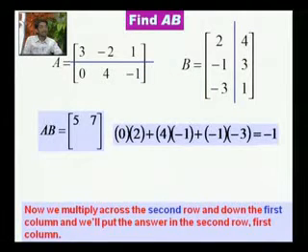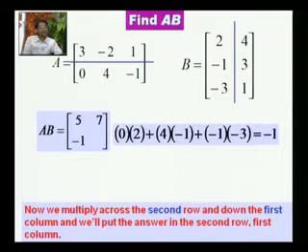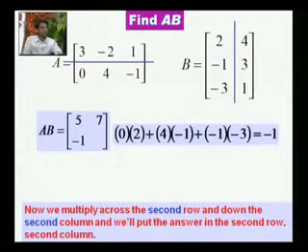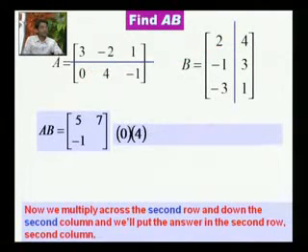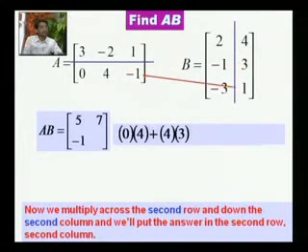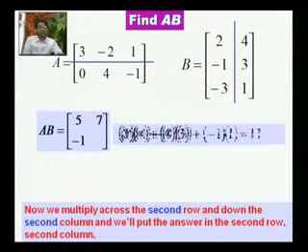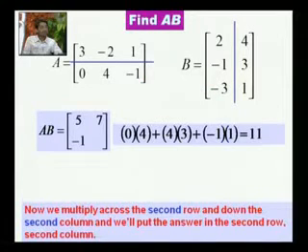So we get minus 1. So the first element of the second row is minus 1. In the same way, if we multiply 0 with 4, then 4 with 3, then minus 1 with 1, we get 11. So this is the second element of the second row, which is 11.